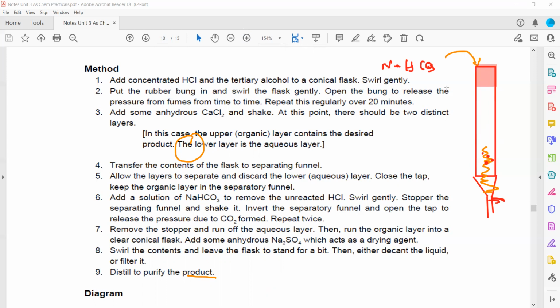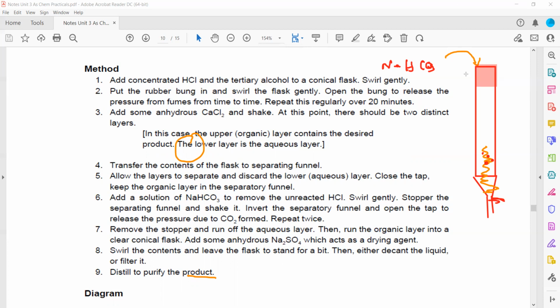Then remove the stopper and run out the aqueous layer. Again there will be an aqueous layer, because this time aqueous sodium hydrogen carbonate is used. When they react, they form a salt with the acid. So again there will be a small amount of aqueous layer, which is more dense, so it will be at the bottom. We remove it through the tap.